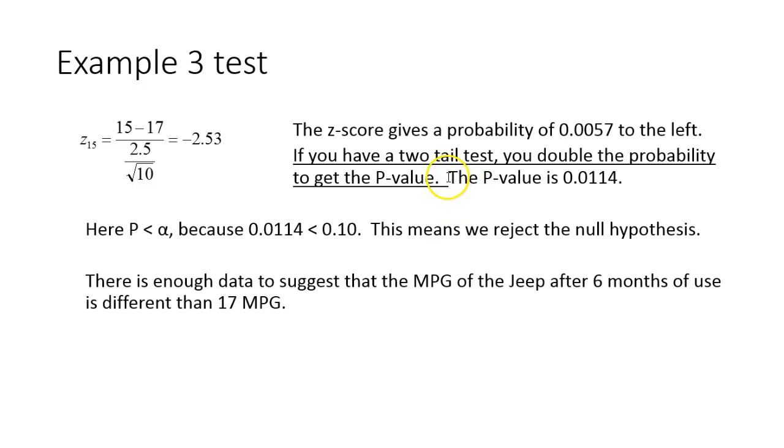So we're measuring the probability of being that far away in either direction. So basically I took this number and doubled it to get a p-value of 0.0114. So basically that means to the left of 15 or to the right of 19, since the sample mean and the population mean are 2 apart.